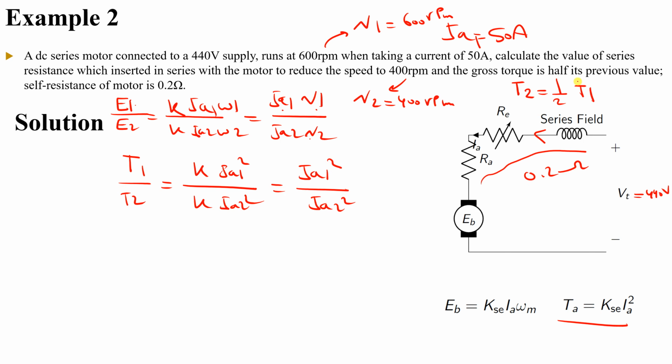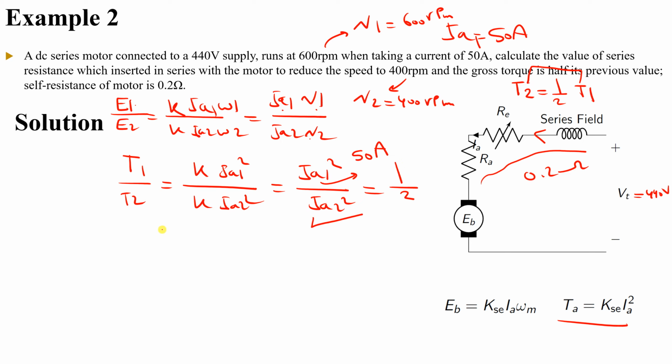So you can see that T1 over T2 equals half, so this will be equal to half. Now we know that the first current IA1 is equal to 50 amperes, right? So we have 50 squared divided by I armature 2 squared equal to half. So we can get I armature 2.